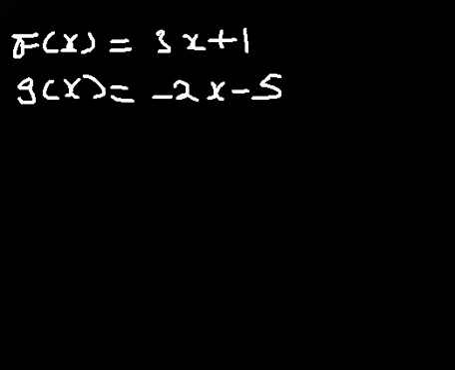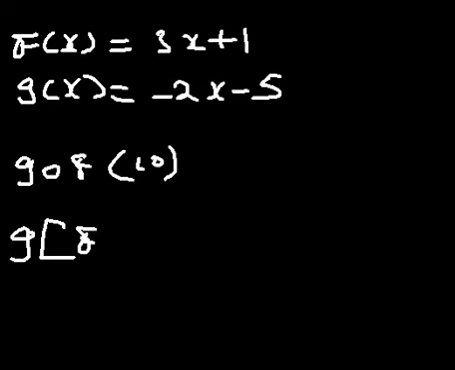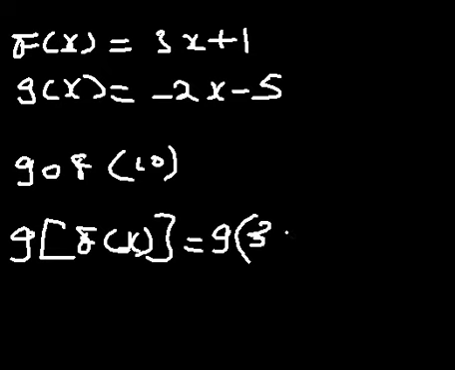Now what if we have this case? Let's say we have g composite f of 10. What's that one? First, you have to evaluate what is g composite f. In this case we'll have g of f of x, which is the same as g of what is f of x, 3x plus 1.